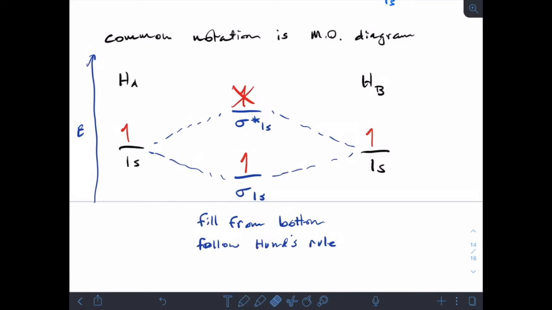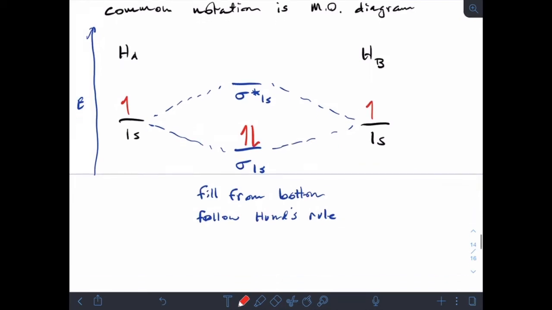So following Hund's rule, I'm going to put my second electron there. I have to fill a particular level before I can start putting electrons in the next level. But on the same level, I'm going to fill them singly before I pair them. Like I said, that will make more sense when we do more complicated molecules.